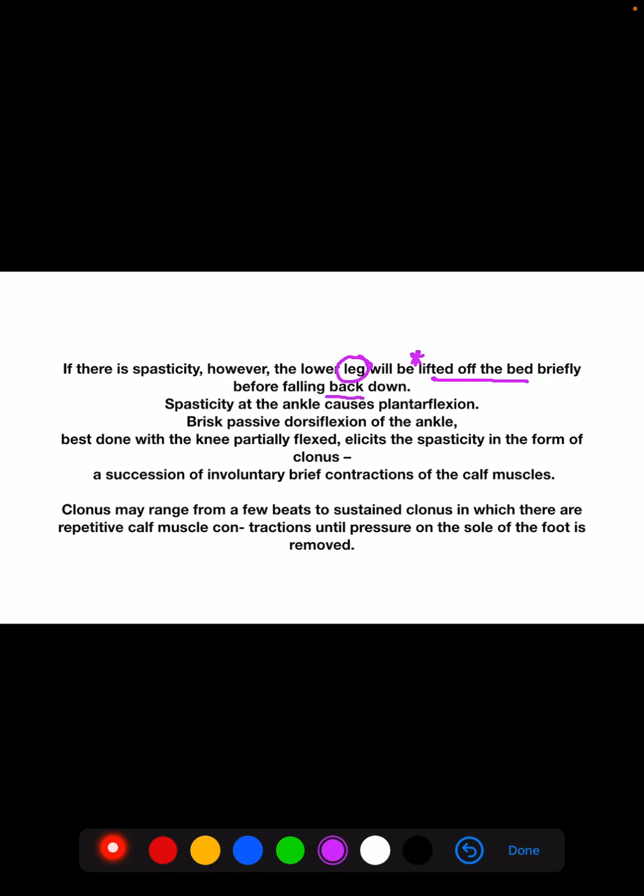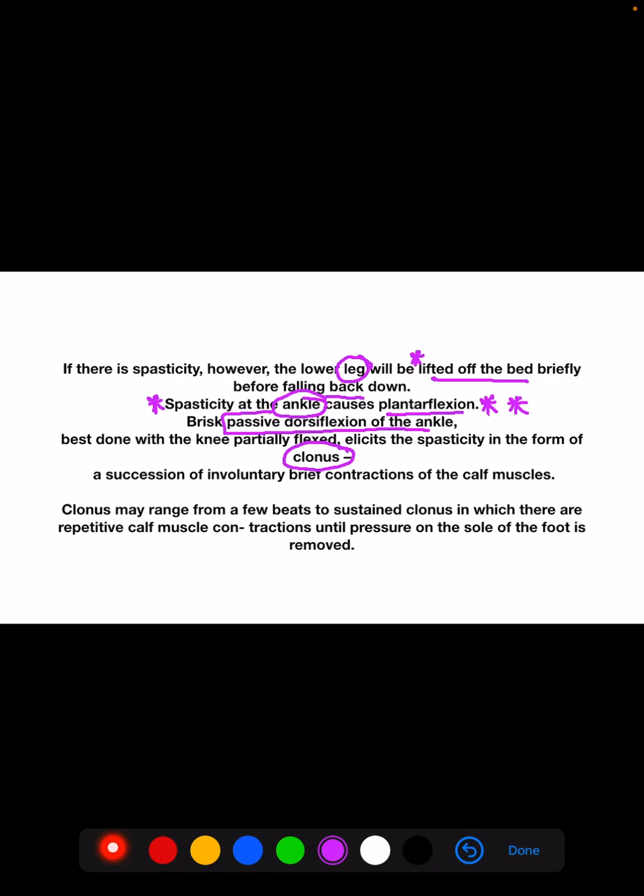And if there is spasticity at the ankle, it will cause plantar flexion. To elicit clonus, what should be done?